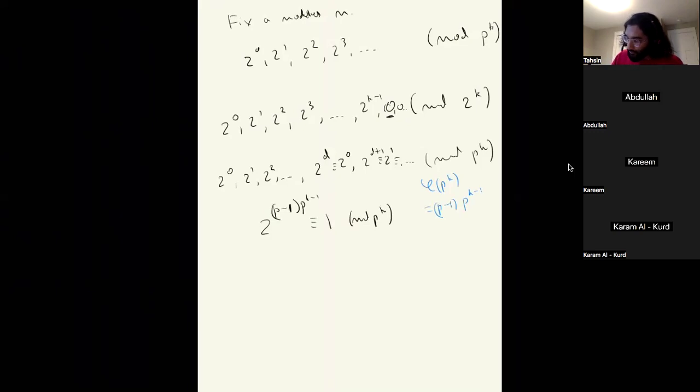So if I go in the sequence by this quantity, it repeats, and it may actually repeat sooner. We don't know, but at least if you go by this amount, it repeats. So certainly d is some divisor of this. Does that make sense?